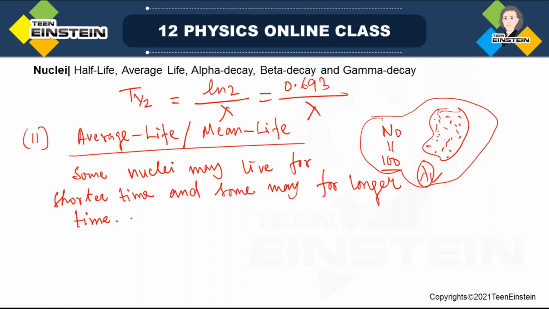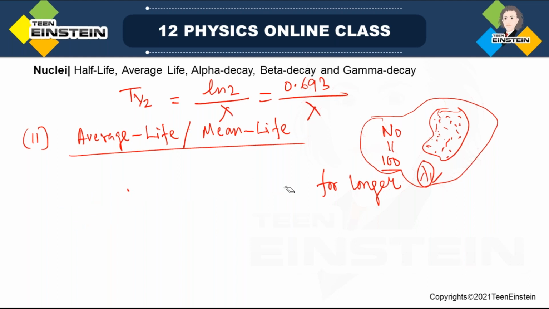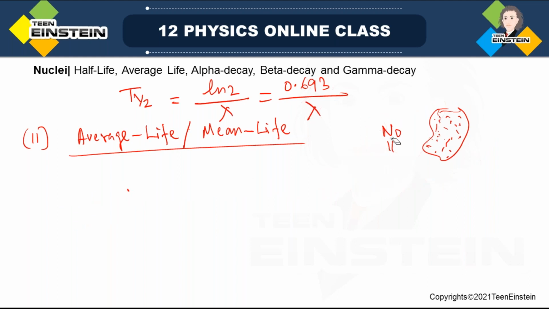So to find the average lifetime, you have to take the time average of all of them. This is the fundamental reason we define a mean or average lifetime quantity.